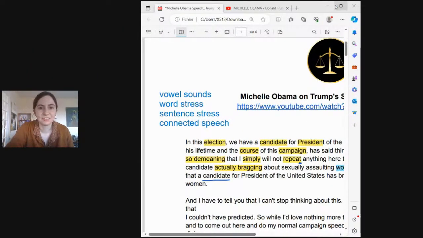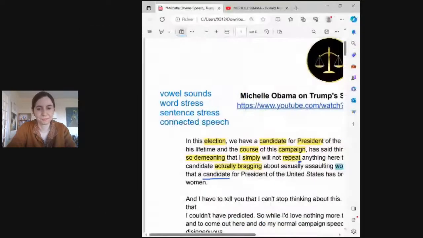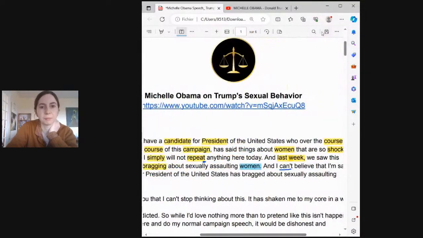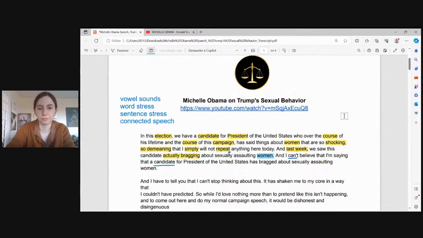Okay, so let me show you. So here is a transcript of what she said. And I have highlighted some of the words, and I'm going to explain to you why I have highlighted them.